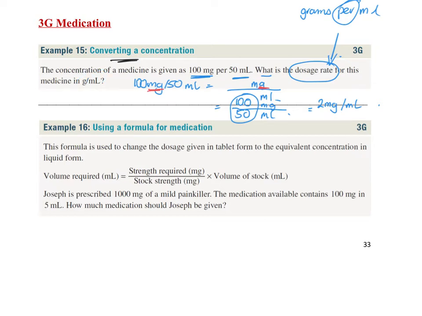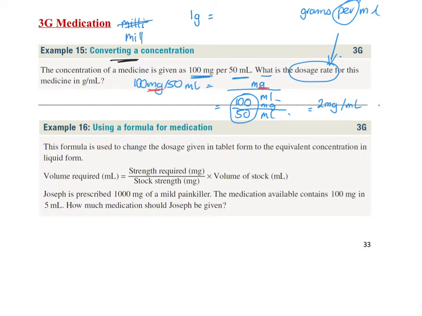So now becomes the conversion. But it makes it a bit hard when you don't know how many milligrams are in a gram. So what does 1 gram actually equal in milligrams? Milli means 1,000.